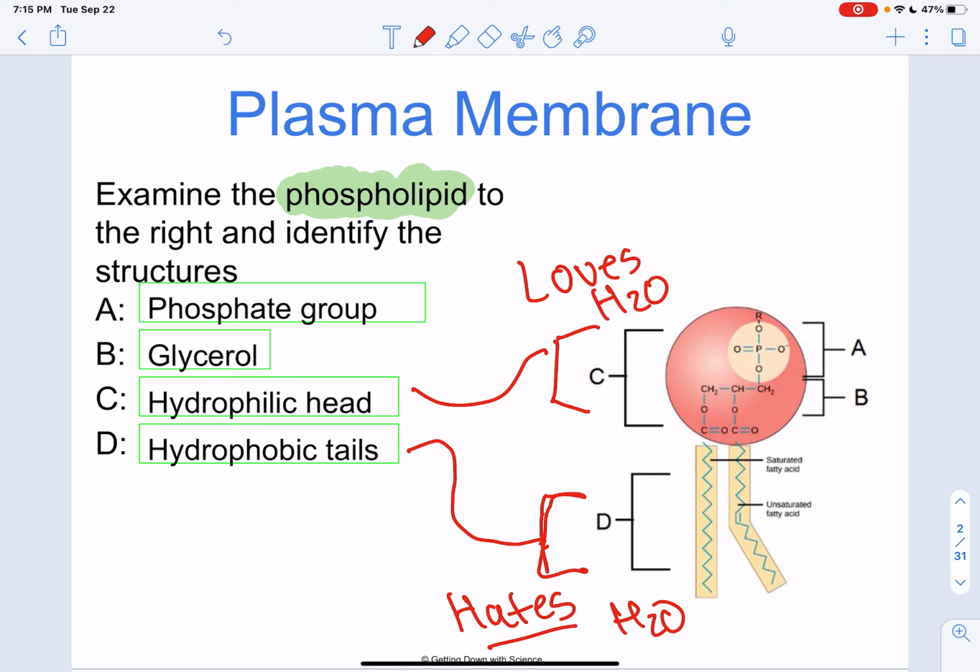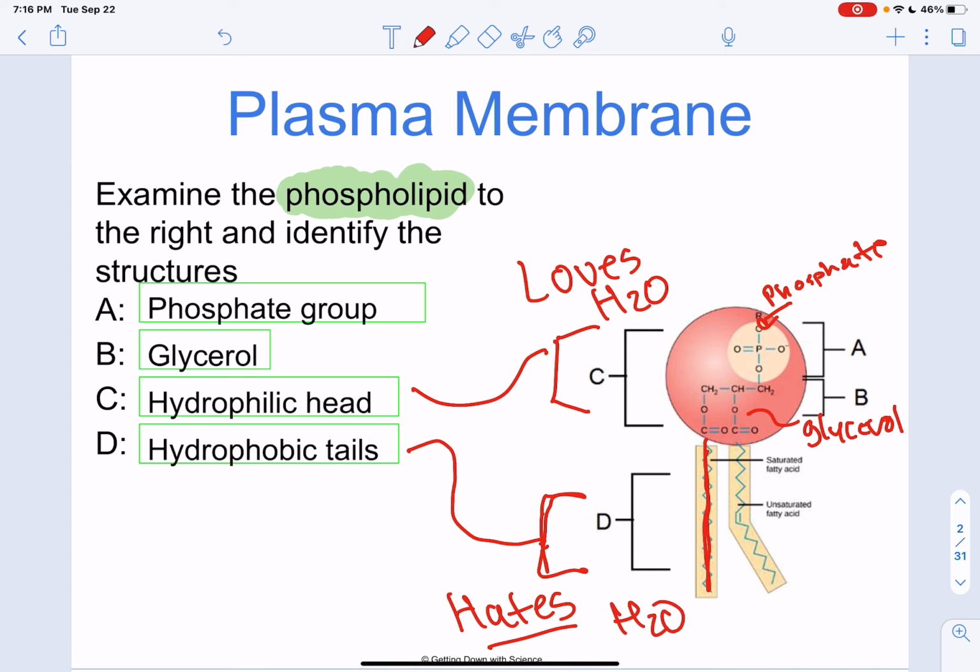Some other key identifying features of the phospholipid are its phosphate group head, right here, and its glycerol, right here. Phospholipids also have two tails, one of which is saturated, meaning there are no double bonds, and it's going to be a straight line.